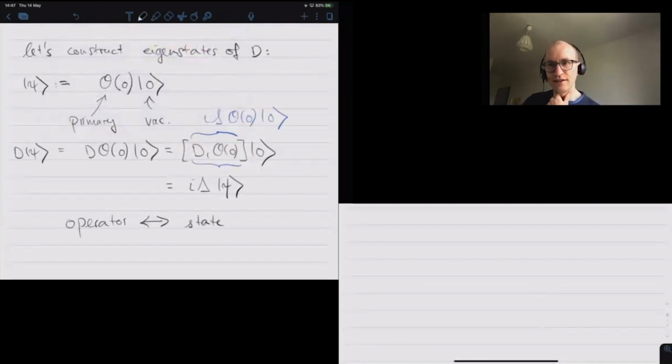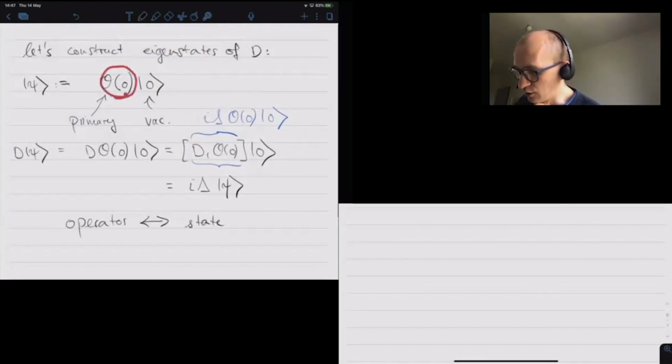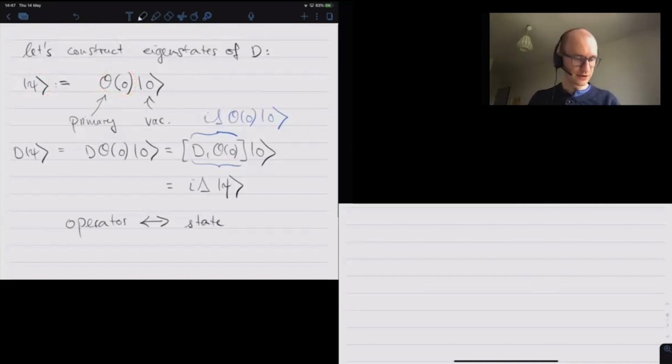So at this level, there is a correspondence between a primary operator O that I act at the origin and a state psi. But we will put a little bit more meat on this whole operator state correspondence in a little bit today, actually, because we can give this a little bit more meaning by going to the radial quantization.